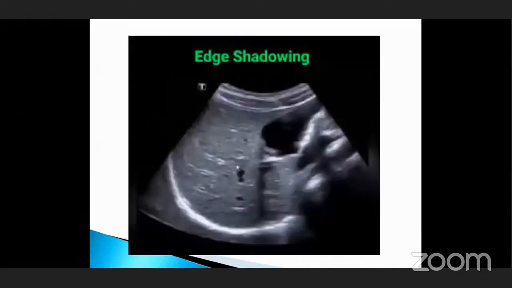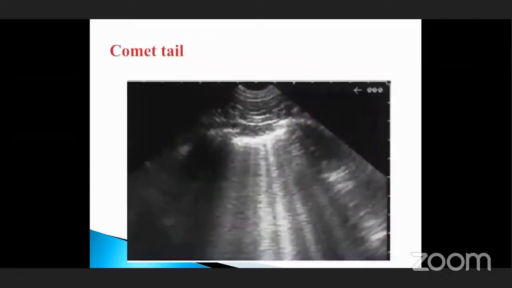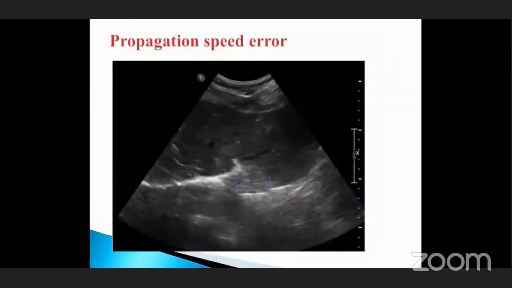Edge shadowing, this anechoic area at the edge of a curvilinear fluid-filled cavity. Slice thickness, two parts are shown on a single image. Comet tail seen with the gas in the intestines or stomach. This is again acoustic shadowing. Propagation of speed error, where you see the discontinuity in the diaphragmatic wall.